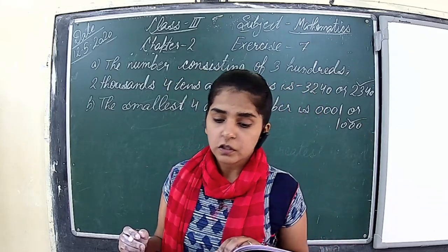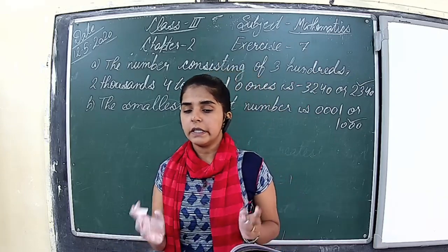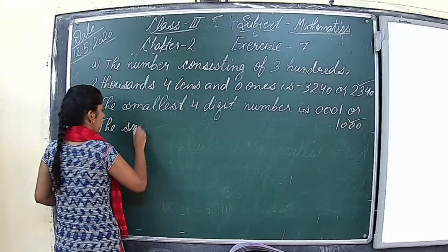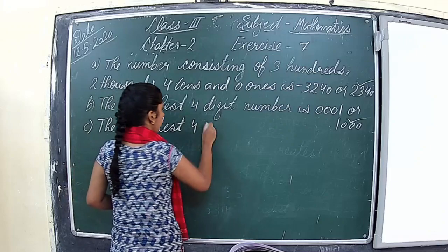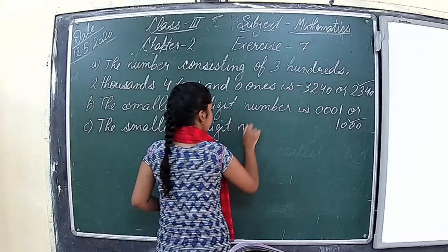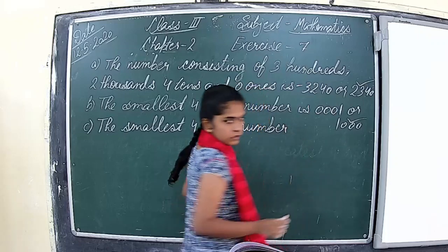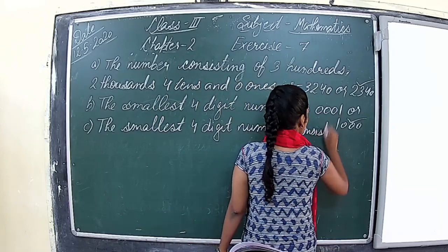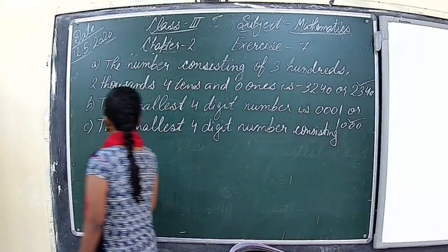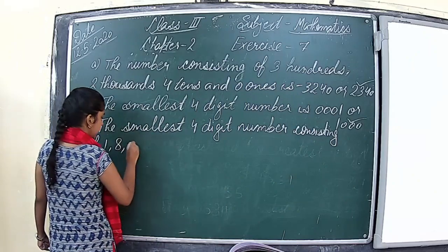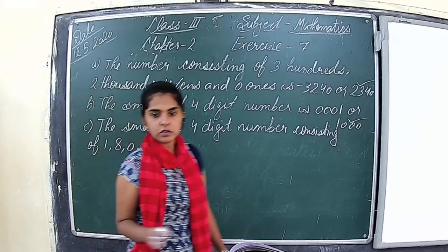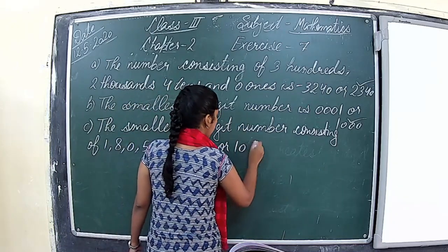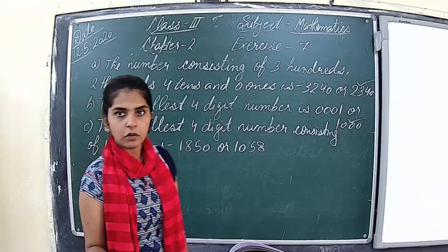Next one, see. The smallest 4-digit number consisting of 1805 is, options are 1850 or 1058.